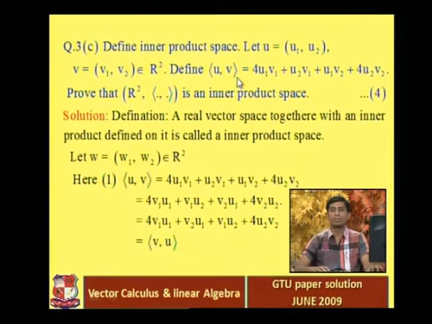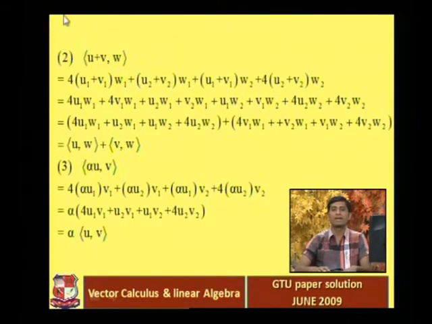You can see the inner product ⟨u, v⟩, how we defined it: 4u1v1 + u2v1 + u1v2 + 4u2v2. Because we have here u + v and w, we know that u + v is (u1 + v1, u2 + v2).